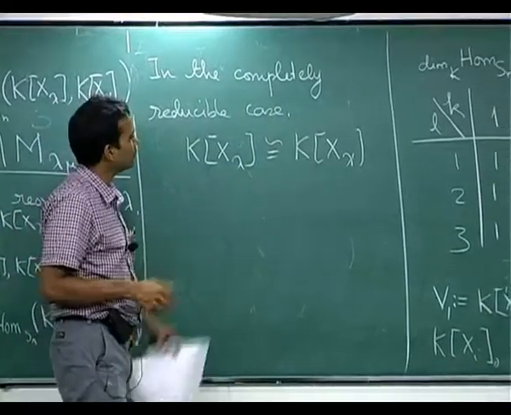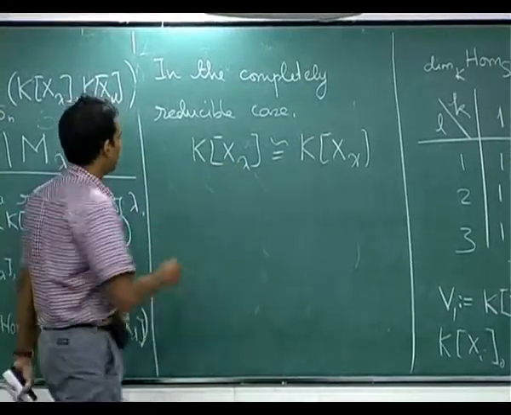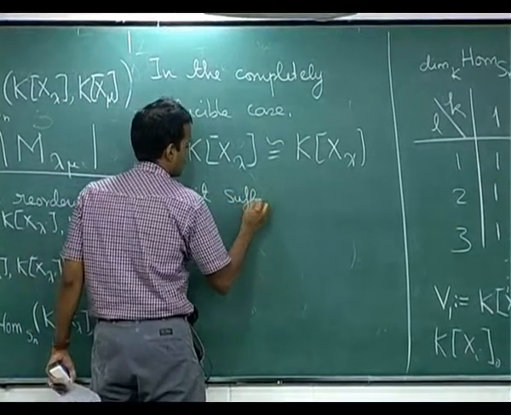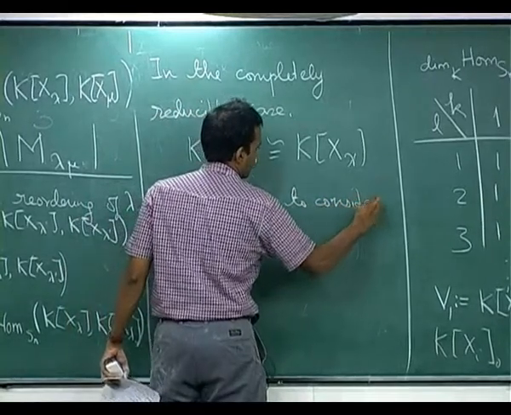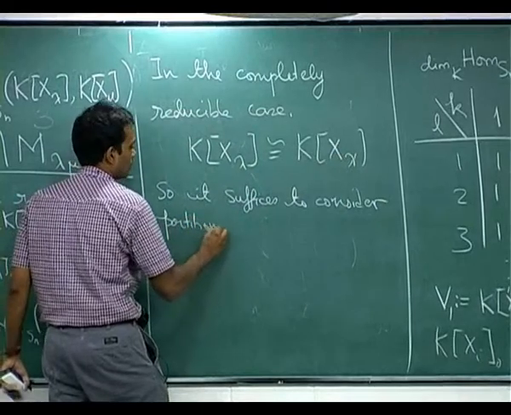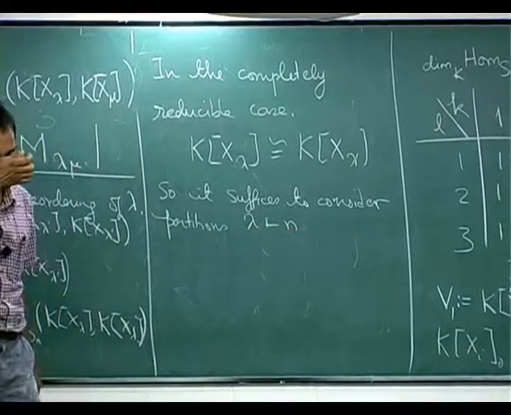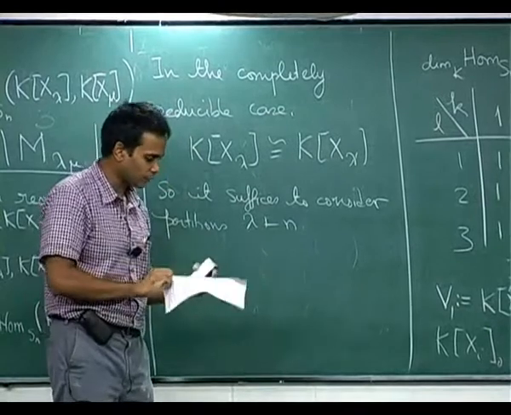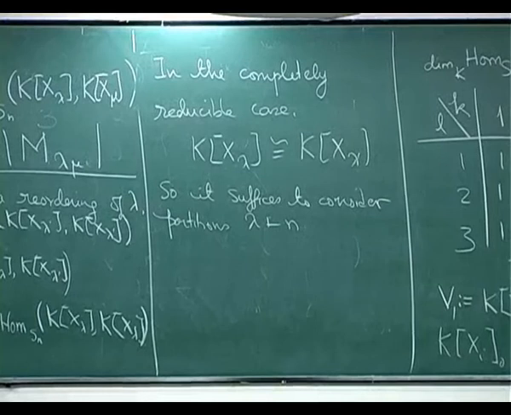And so it's enough to consider the case where lambda is a partition of n. Okay, so with that reduction in what we have to calculate, let's do a simple example.